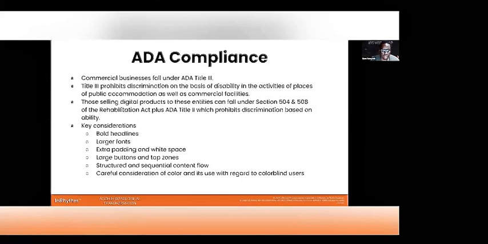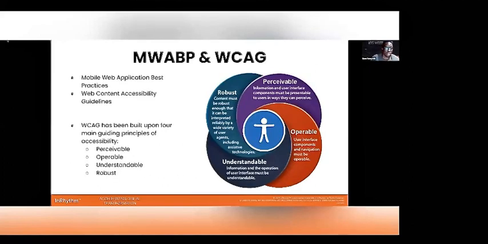Next slide. Here we talk about mobile web application best practices. I mention mobile web because even on iOS mobile apps, we follow the same standards as mobile web. The Web Content Accessibility Guidelines are what we use for our iOS application.